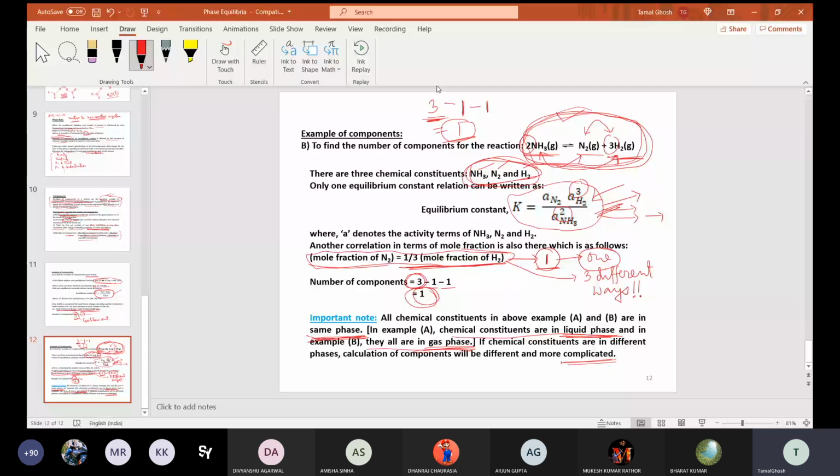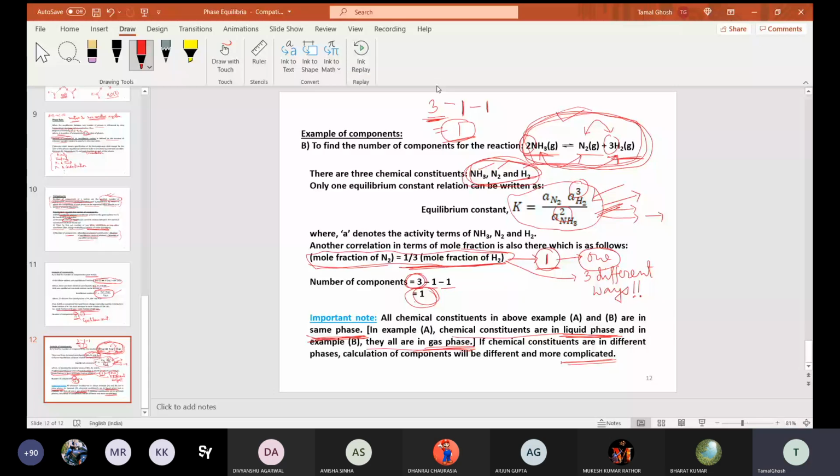Here there are many complicated situations, and those situations we are not going to get into at this level. We are only looking at the simplest situation, that is, all the chemical constituents are appearing in the same phase.